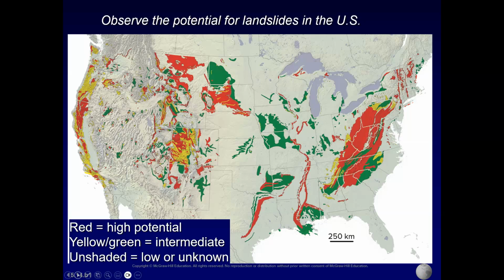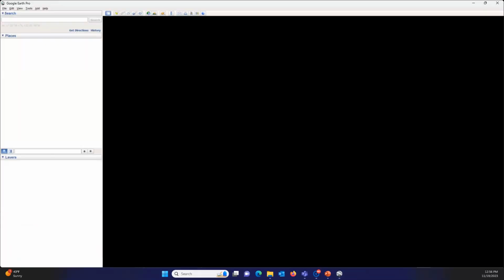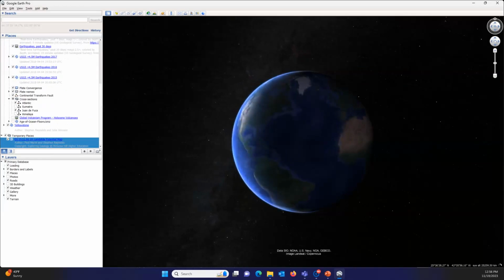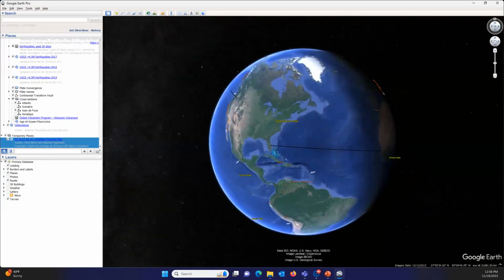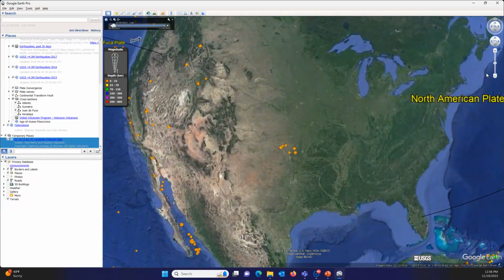I'm going to open this in Google Earth because I think this should be highlighted. Many people wouldn't think of, say, the Saginaw Bay is at risk for landslides, but in fact, we have intermediate risk here.